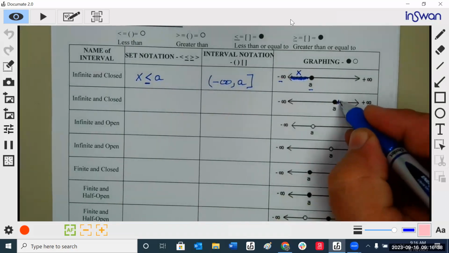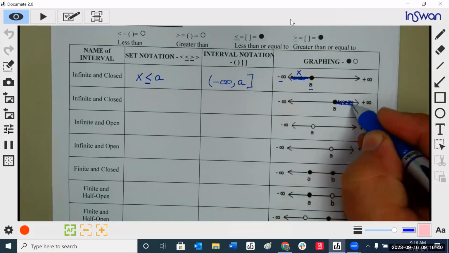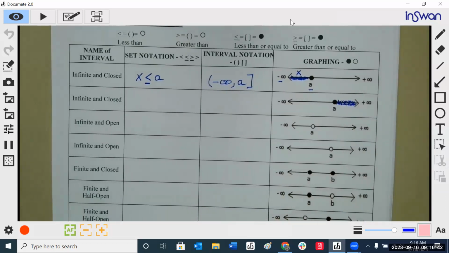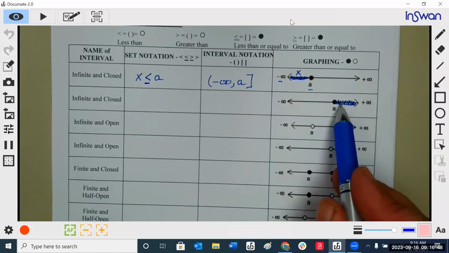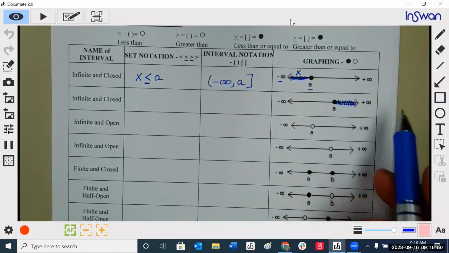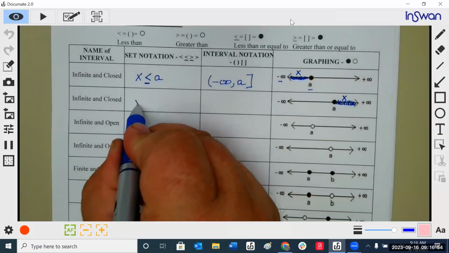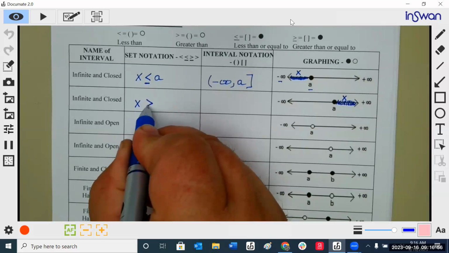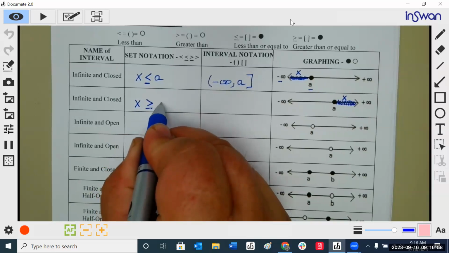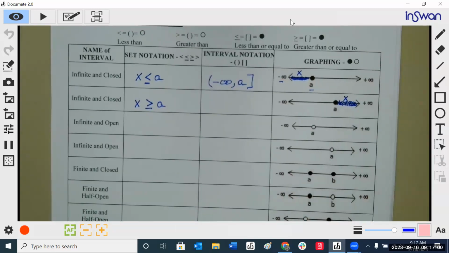The next one. We're going to the right. So these are our X values. So X is greater than or equal to A because it's a solid dot.